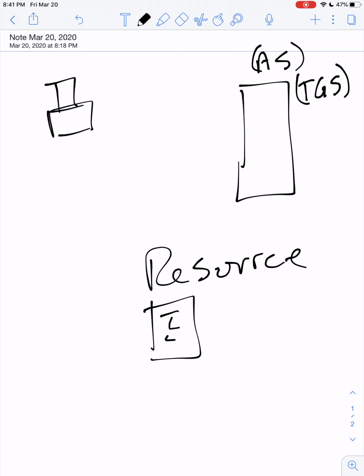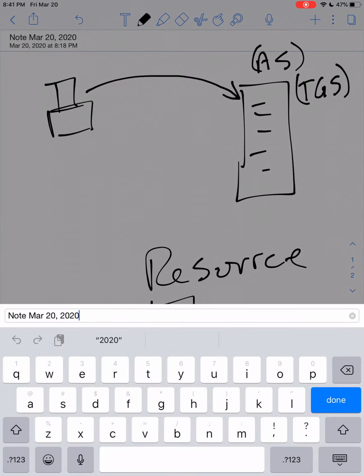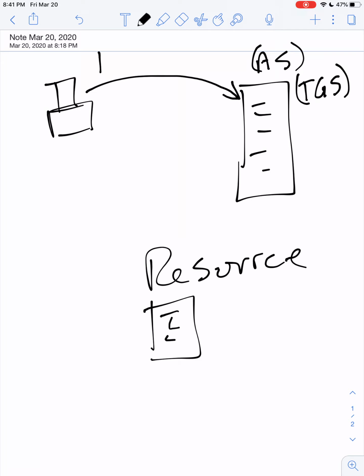So your authentication server can be both. So your device wants to log in. It's got a login request.